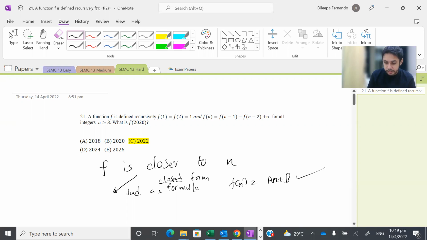The second thing is, you can find a repetitive relationship. That means you can find whether this is periodic. You can try to write f1, f2, and so on, and you may find after some time this function gets repeated. That means f10 may be equal to f1.